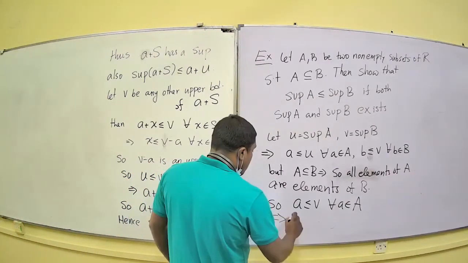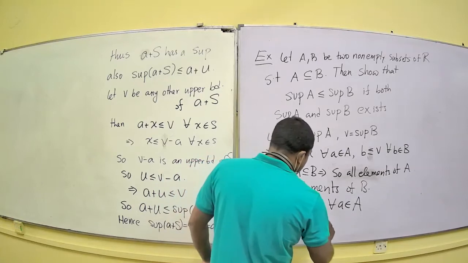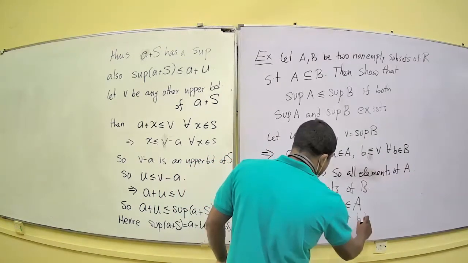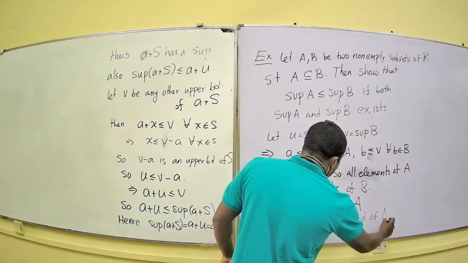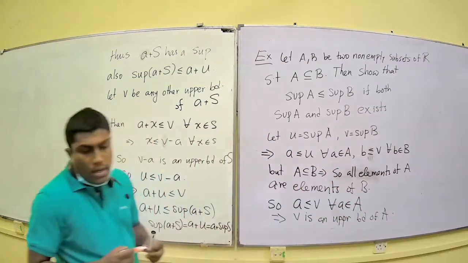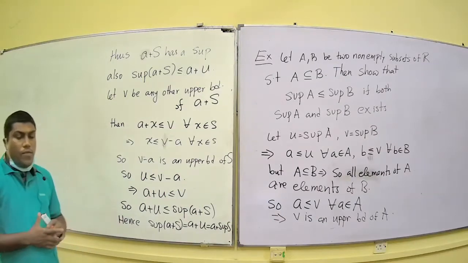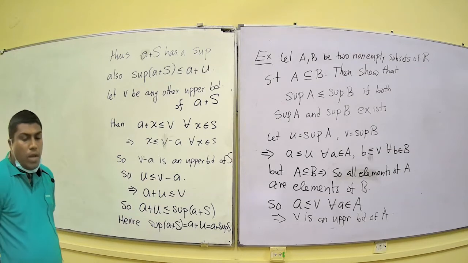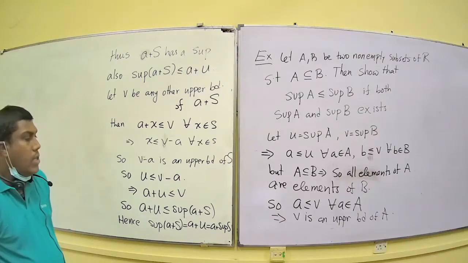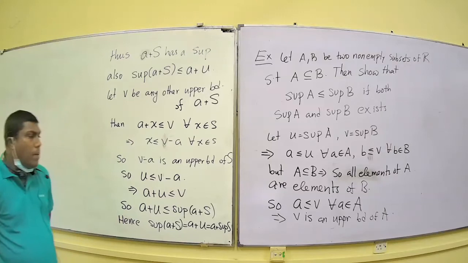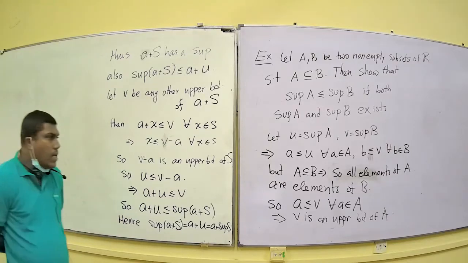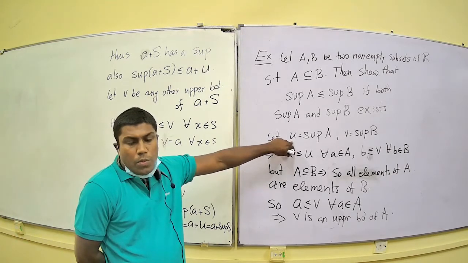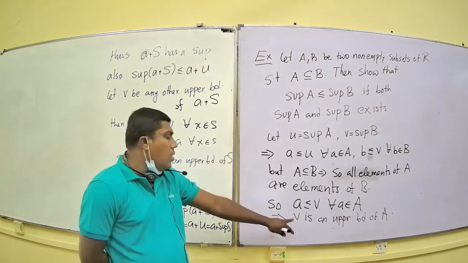That means, because of that argument, we see that B becomes an upper bound of A, right? Because every a in A is less than or equal to B, so B should be an upper bound of A. But you already know U is the supremum of A. So supremum should be the least upper bound.